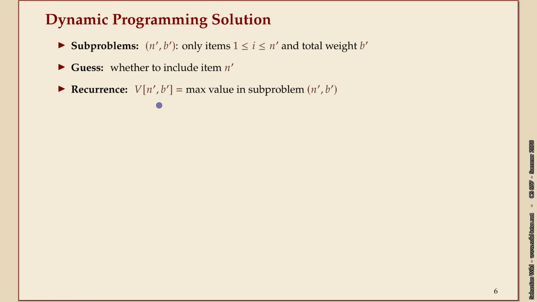So let's do that together. V stands for value. It's going to be the maximal value you can get in this subproblem, meaning you can only pick items up to position n prime. You're only allowed the first items, and the weight is further restricted, not B, but B prime.